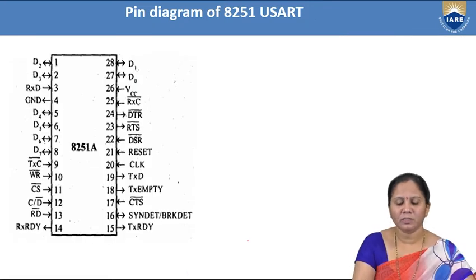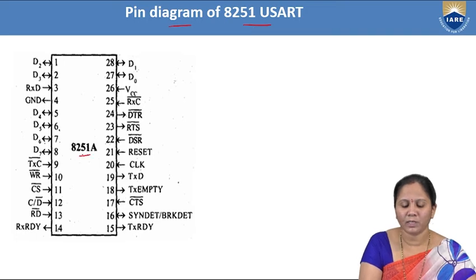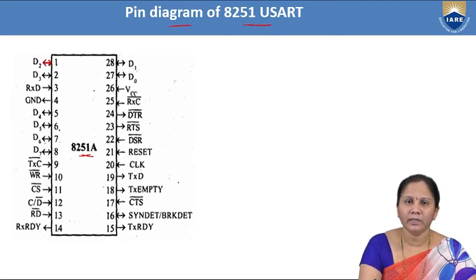This is also the same pin diagram of the 8251A USART, and all the pins are the same as in the previous pin diagram. But here, if you observe clearly, the signal directions are given.